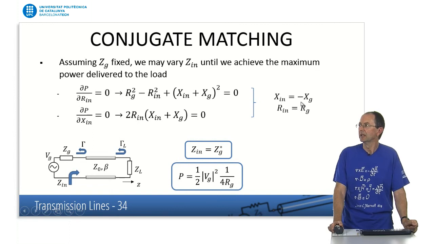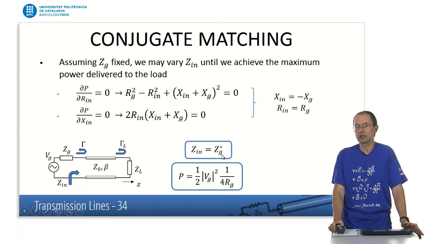And what happens with the imaginary part? Well, they don't have to be equal, they have to be just opposite. Expressed in complex numbers, the input impedance of the transmission line has to be the conjugate of the impedance of the generator.